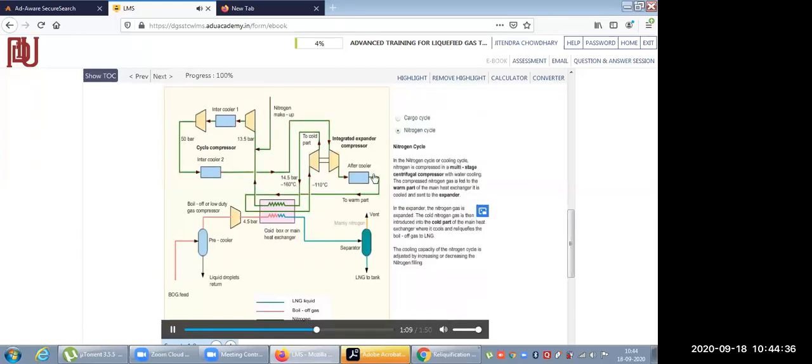So this is the node for your nitrogen cycle. You can see this is the cycle compressor, and then it goes to the expander, and then again goes to the heat exchanger, and then again it goes to the expander and then goes to the intercooler.